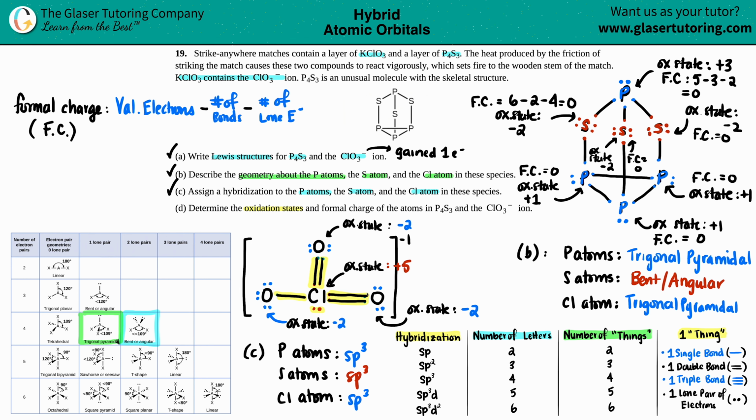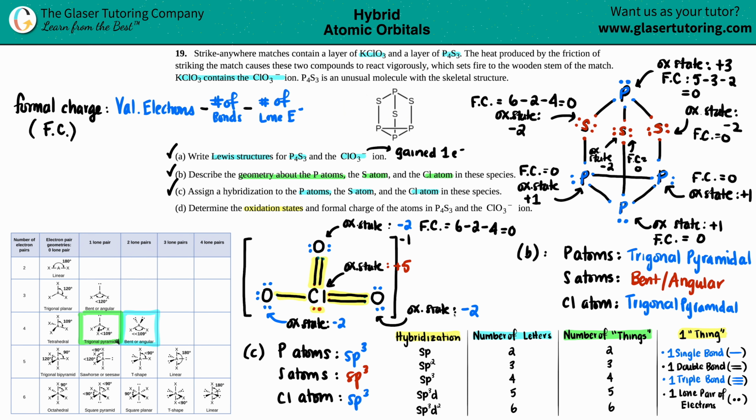Now we got to come down over here. So maybe I'll just put FC equals. For this oxygen, what is going on? How many bonds do you see? First, valence electrons for oxygen on the periodic table is 6. There's a double bond, that's 2 bonds. For formal charge, you do count the double bond as 2 things. So 6 minus 2 minus 4 dots.